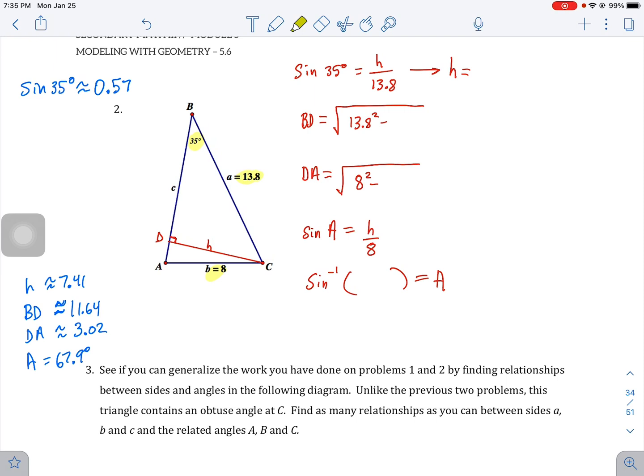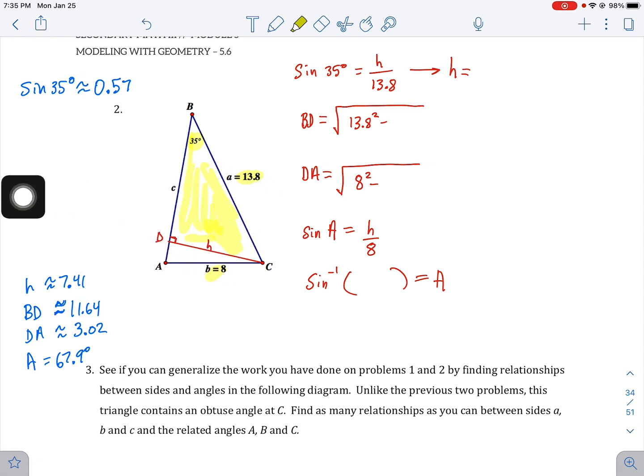First thing we can do is use the sine function, sine of 35. And I am going to use it for this right triangle that I've created by dropping an altitude h at point D. And so sine of 35 degrees is opposite over hypotenuse here, so it would be h over 13.8.